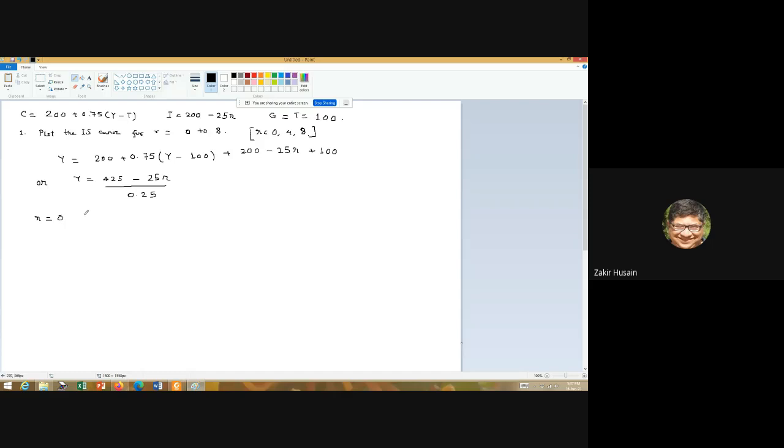So if you put R equal to 0, what is Y? 425 by 0.25, which is 1700. The next is 1300 for 4.